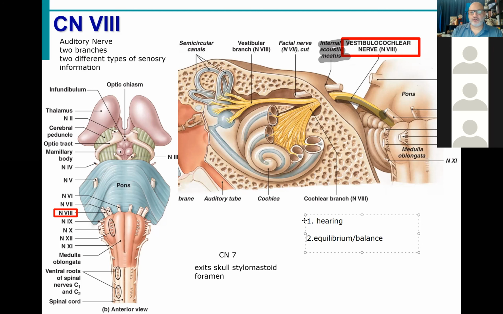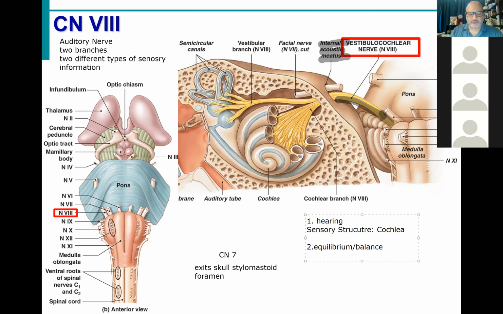And there are two special sensory structures that allow us to do that. The sensory structure that allows us to hear is known as the cochlea.